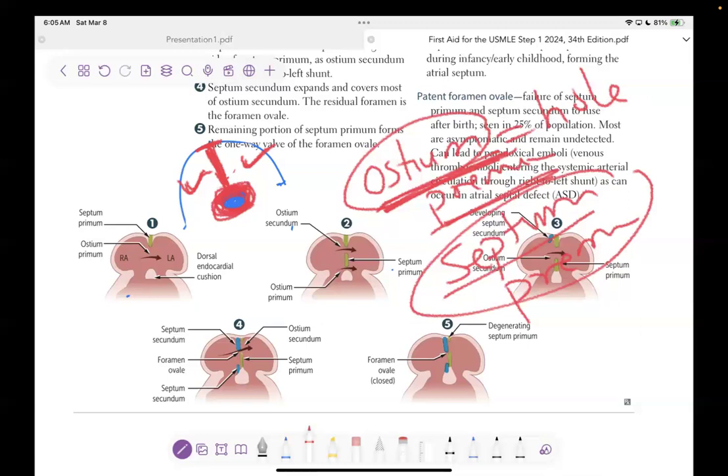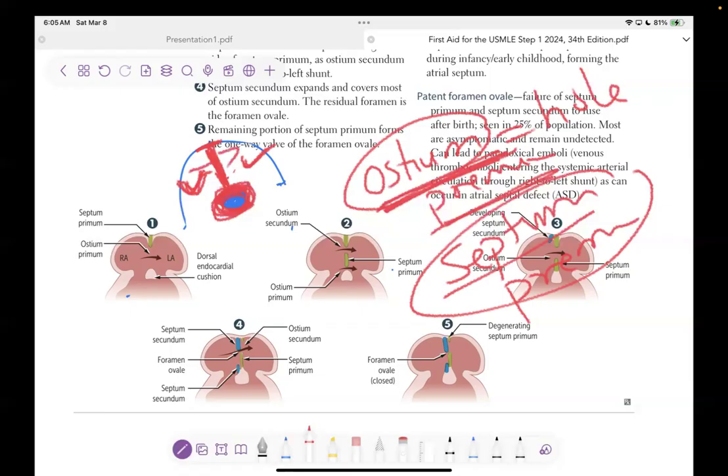So all the oxygen from the mom's body comes to the baby through the umbilical vein, and we all know that veins come to the right side of our body. The vein brings oxygenated blood to the right side of the baby's heart, and the baby needs to send that oxygenated blood to the left side.